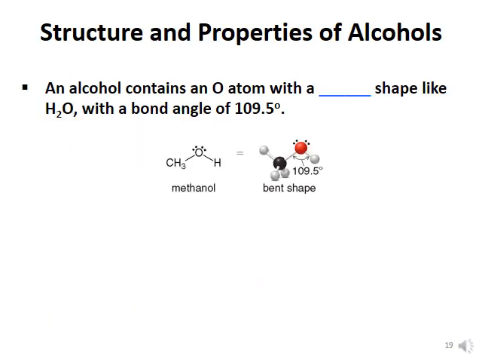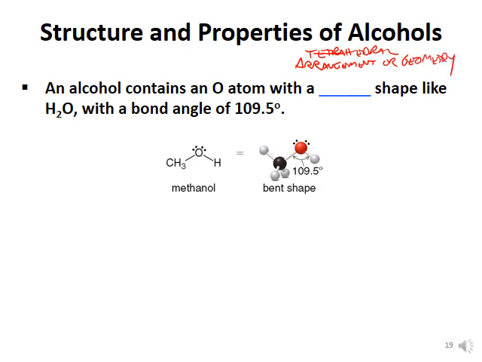Structure and property. An alcohol contains an O atom with a tetrahedral arrangement or geometry. Why?